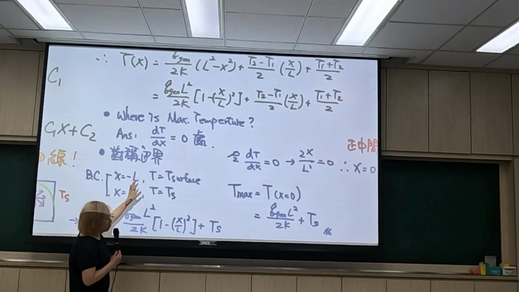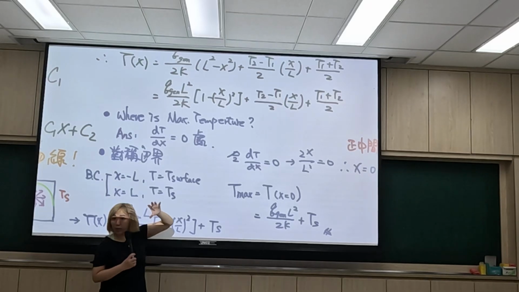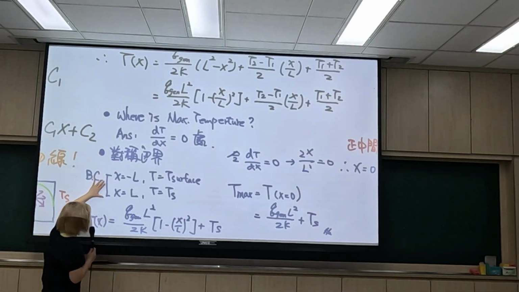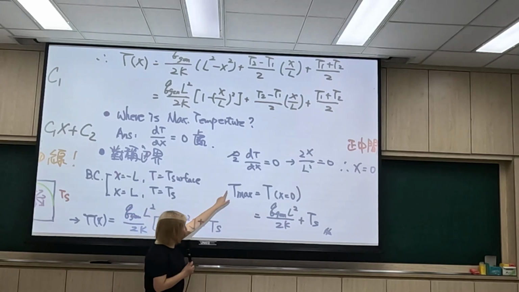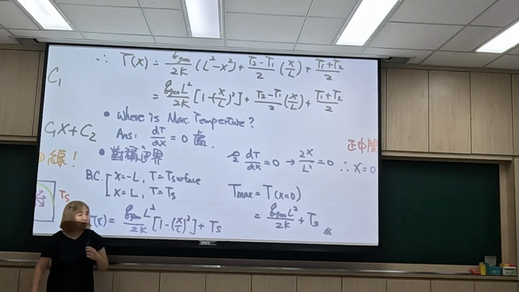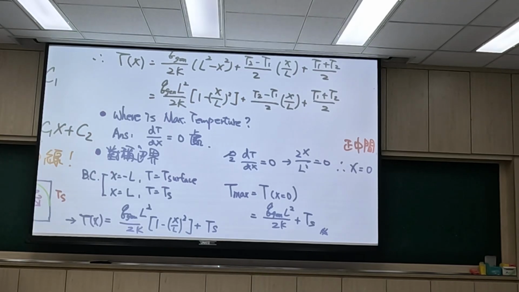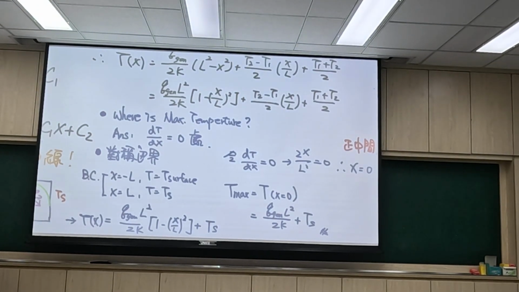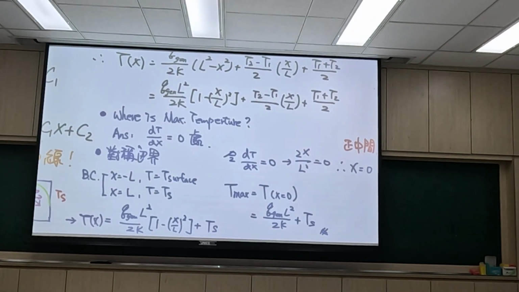If you don't believe me with this physical observation, you can start with the boundary condition to derive your equation again, and you can still find the T max. So the T max will definitely be at the center position. The T max will equal Q generation times L squared divided by 2K, plus Ts.